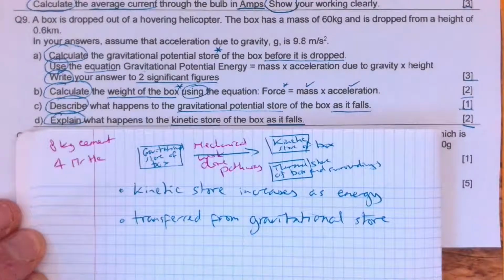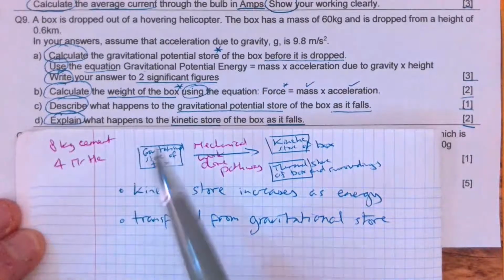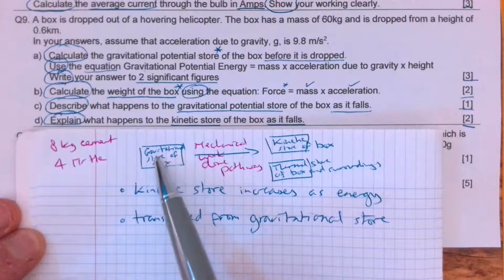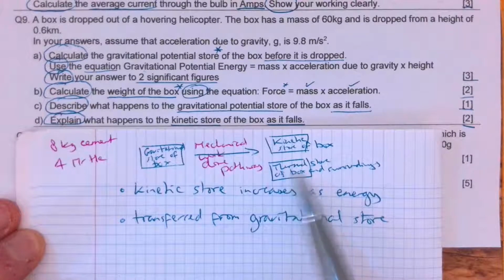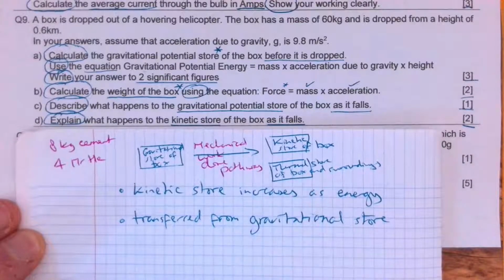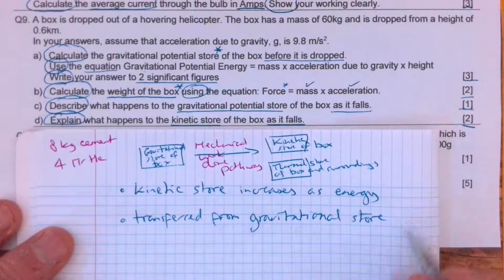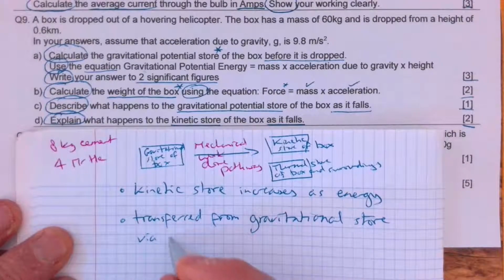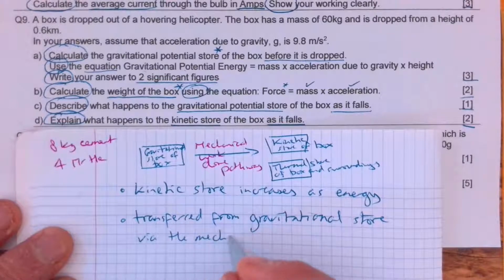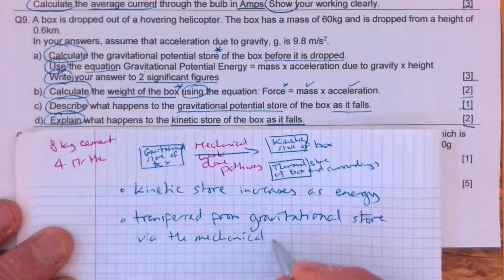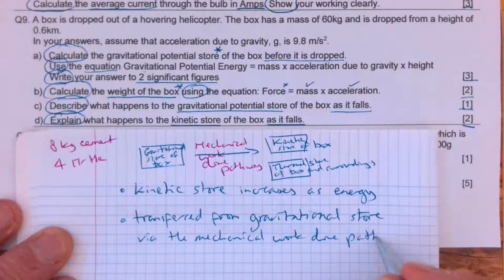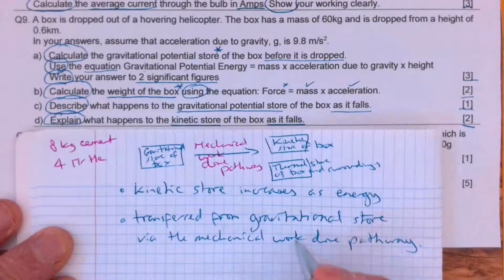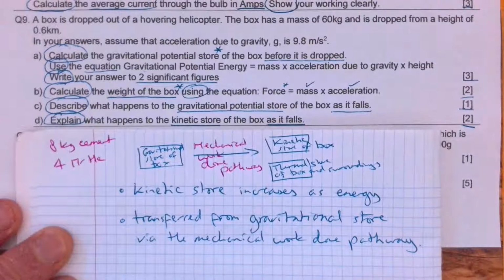So we're always looking at how, when anything happens, energy is moving from store to other stores, of which the thermal store of the surroundings is always one, and it moves via pathways. So: transferred from the gravitational store via the mechanical work done pathway. My handwriting's dreadful, sorry about that. Work done pathway.